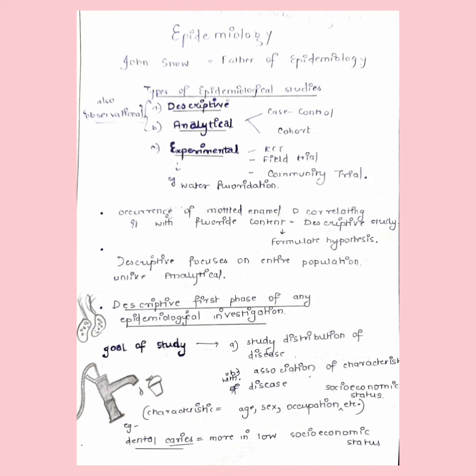So basically, in a descriptive study, we are describing the population and the disease in terms of time, place, and person. Even the distribution of disease in terms of time, and also in terms of the individual, can tell us a lot about the disease and the risk factors associated with it. I'll give you an example. If we are describing disease in terms of person, we'll come to it later, but still, we are talking about his occupation.